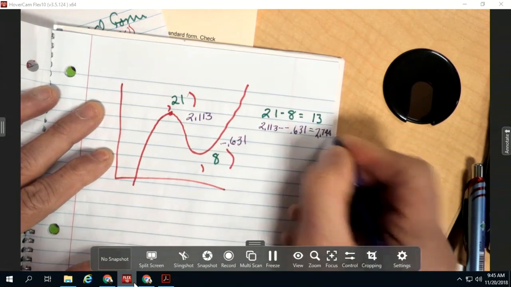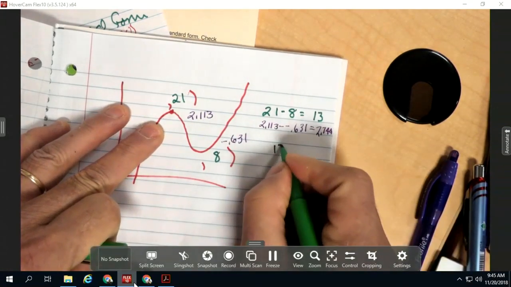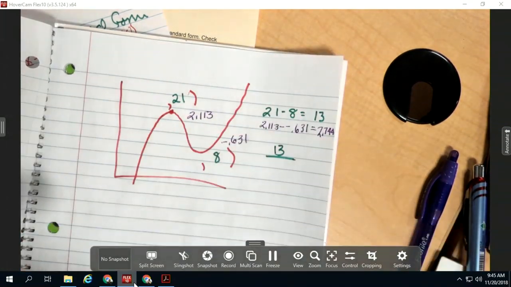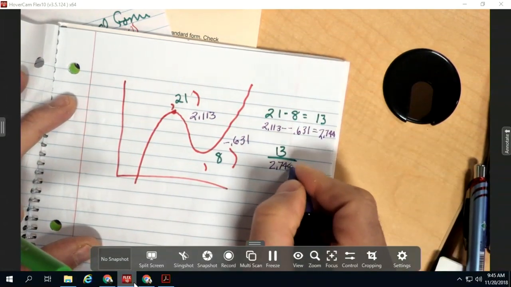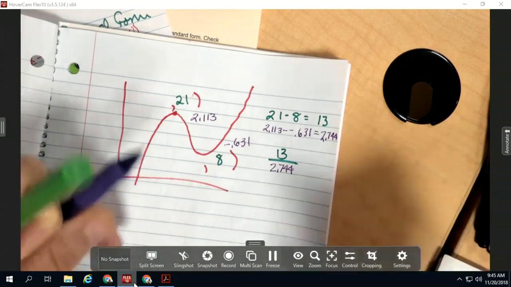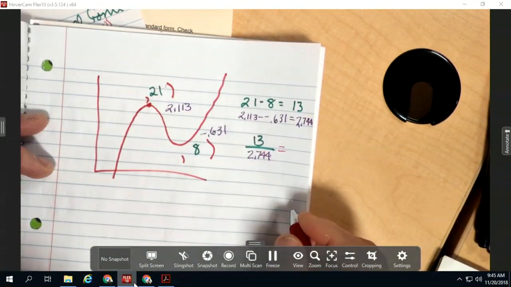13 divided by 2.744 equals, make it a whole number.